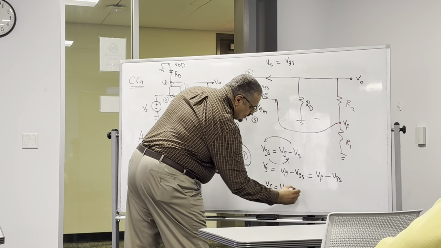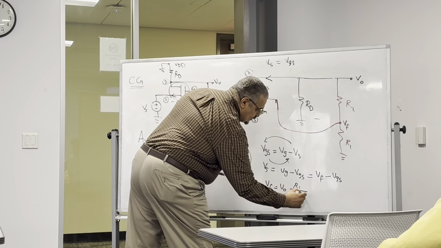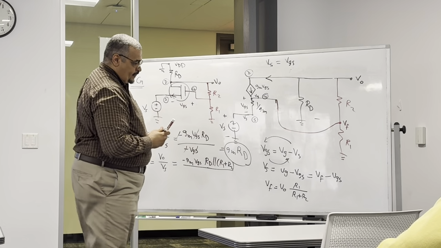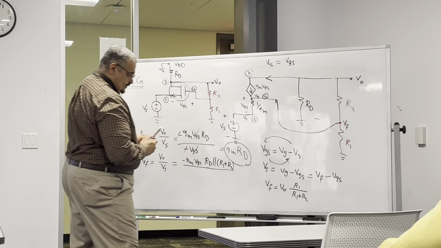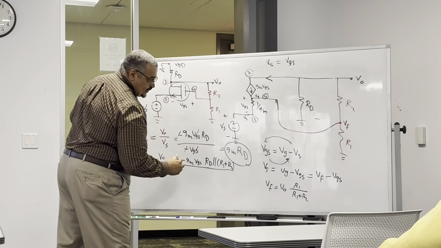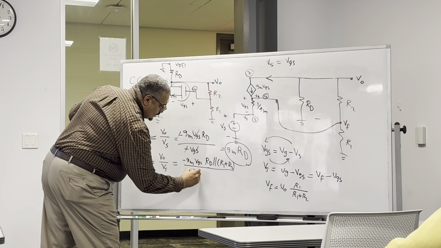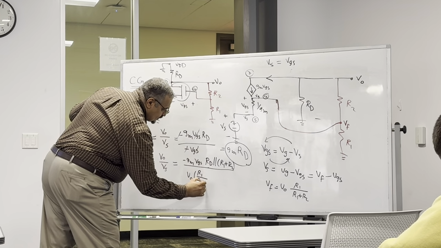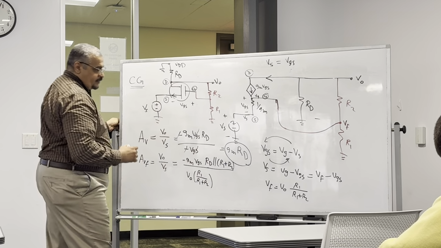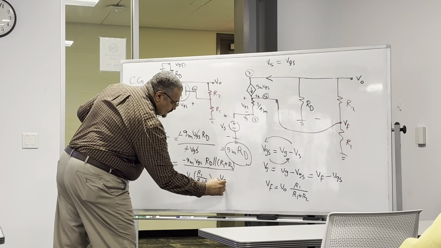It's V out times R1 divided by R1 plus R2. So in this case, this is going to be V out R1 divided by R1 plus R2, minus VGS.